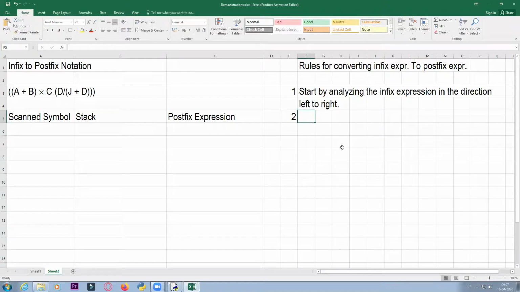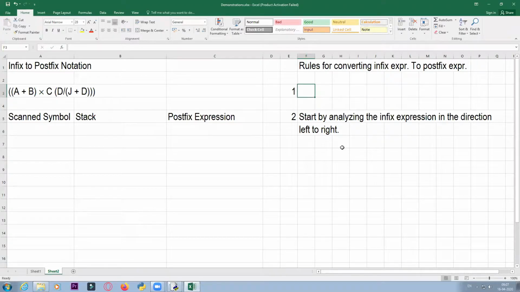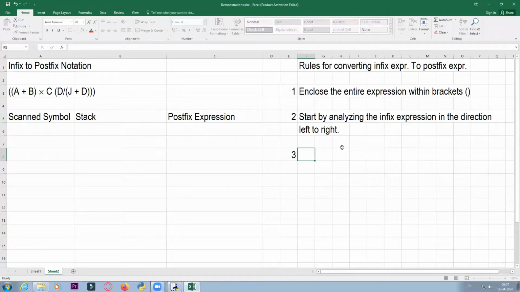And this could be our second step. The first step would be to enclose the entire expression within brackets, these two brackets. First thing, we have to enclose the entire expression between the two brackets. Next is to start analyzing the expression from left to right.